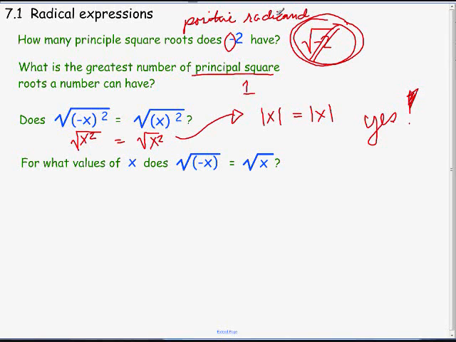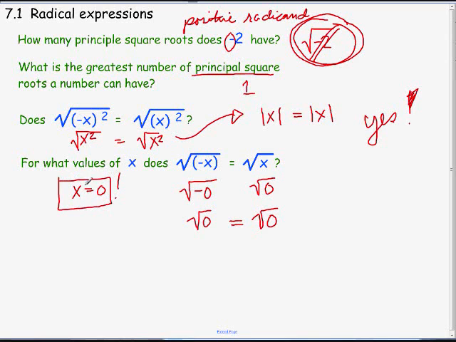We had to have a positive radicand. So is there any number that we could use here? What if x equaled 0? That would work, wouldn't it? Square root of negative 0 isn't actually negative, is it? It's the square root of 0. And square root of positive 0. So I would say only 0.